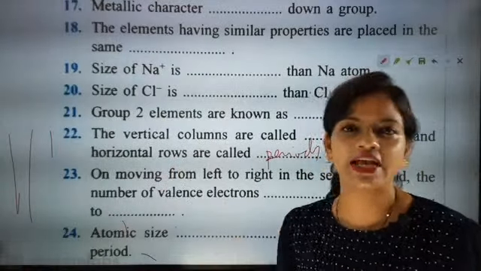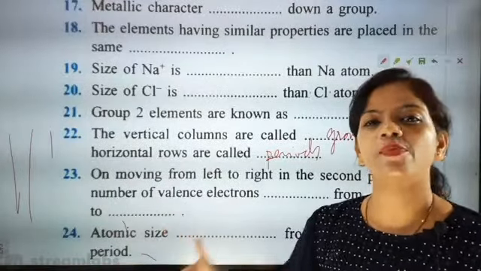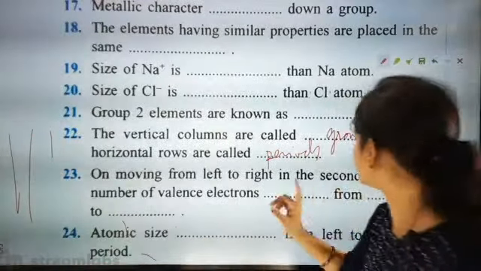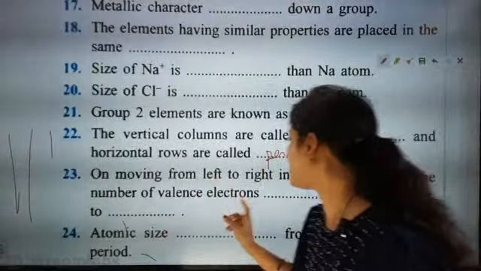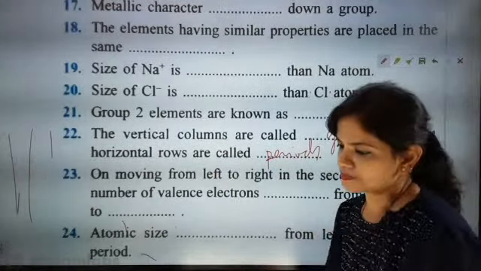We are talking about the second period, not the first period. The first period is hydrogen and helium, then come lithium, beryllium, boron, carbon, nitrogen, oxygen, fluorine, neon. That is the second period. So in the second period, the number of valence electrons dash from dash to dash.